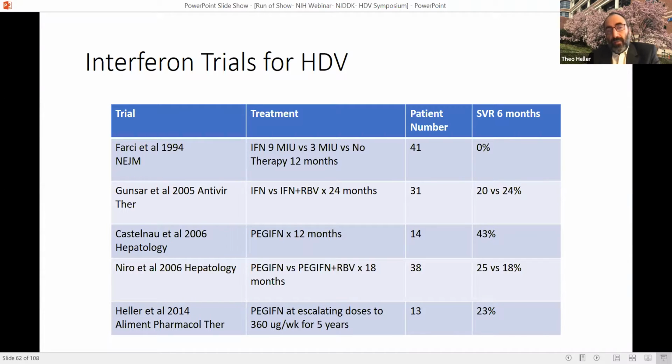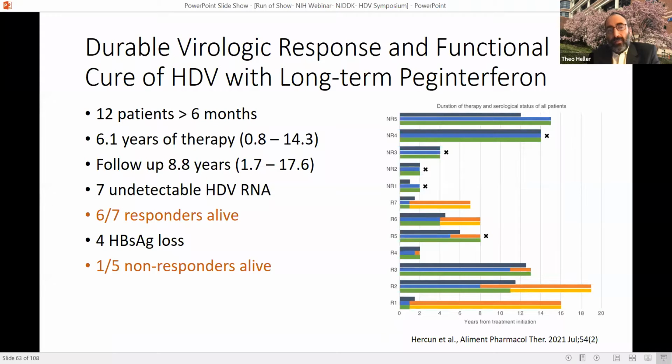Next slide, please. I just wanted to highlight something here too, because this is a repeat of what Dr. Fauci had shown so many years before, that if you looked at those patients who had a durable virologic response and essentially a functional cure of hepatitis D, there were 7 of them. And 6 of the 7 were alive at an average of 8.8 years of follow-up.